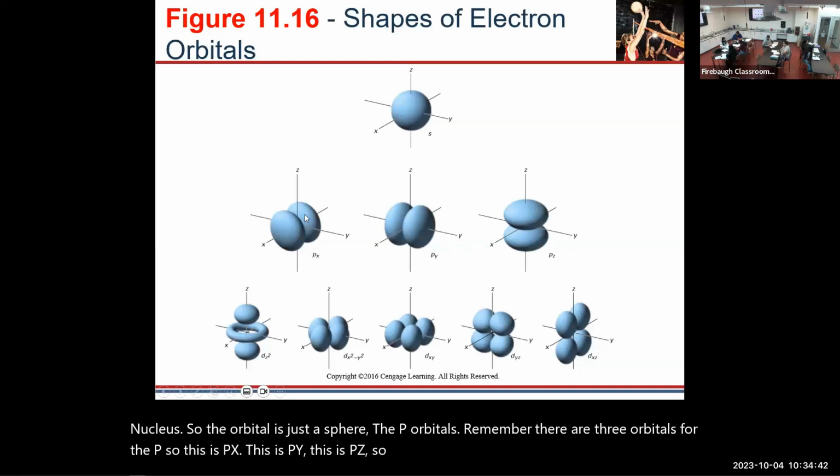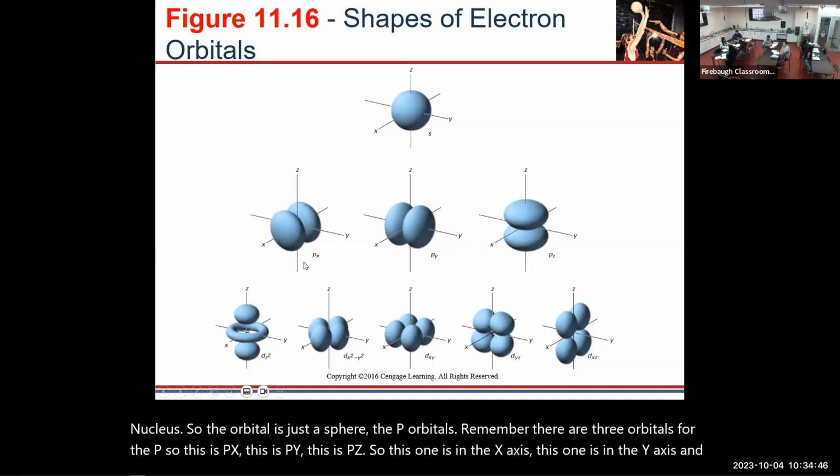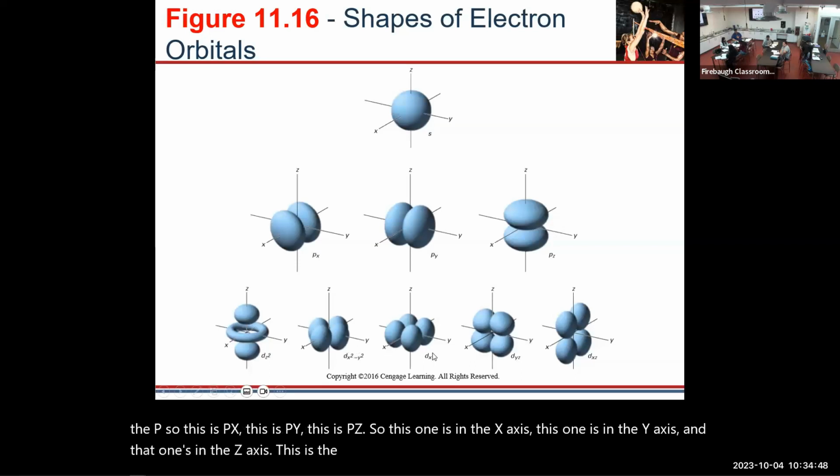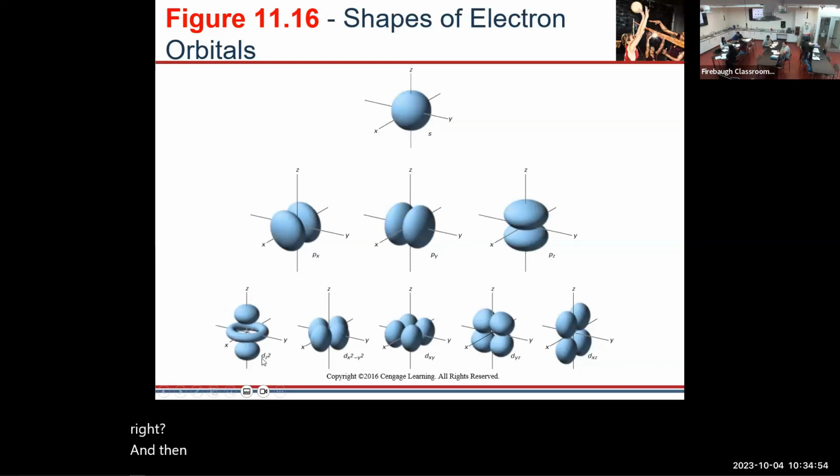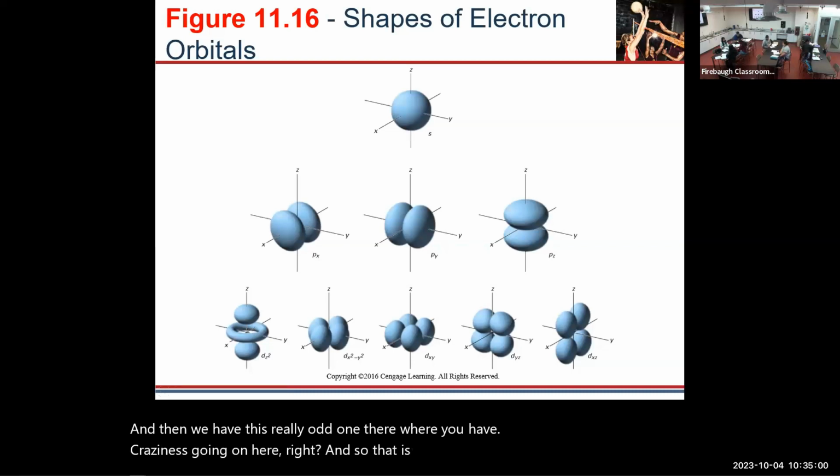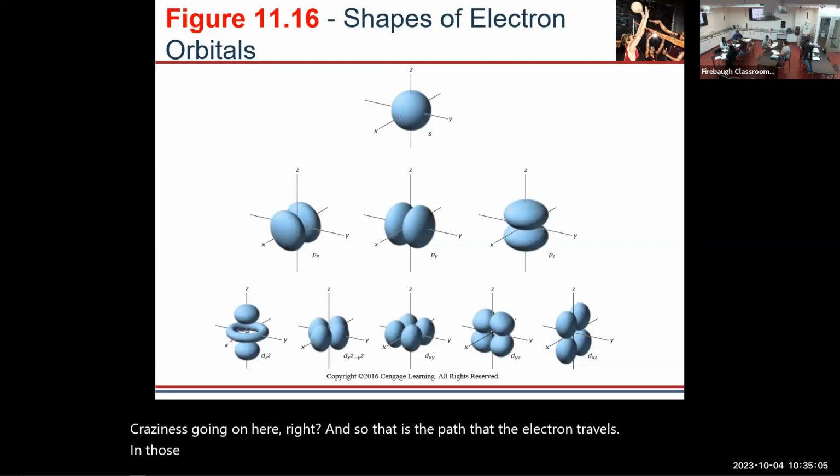This one is in the x-axis, this one is in the y-axis, and that one's in the z-axis. This is the d, right? The d looks like 2 dumbbells put together. And then we have this really odd one where you have craziness going on. And that is the path that the electron travels in those orbitals.